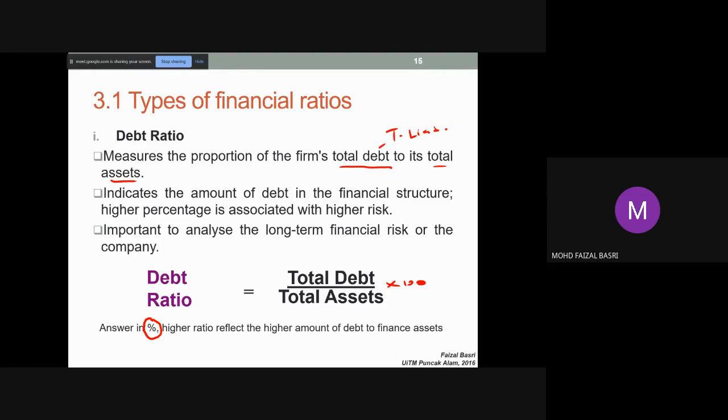I like to remind, we always comment on the company that we analyze, which in this case is the ABM Motorists. So what we can conclude is that the ABM Motorists has a better debt ratio as compared to the industry average, and indicates that it has a lower amount of debt to finance its assets, because the ratio is lower for that particular company.